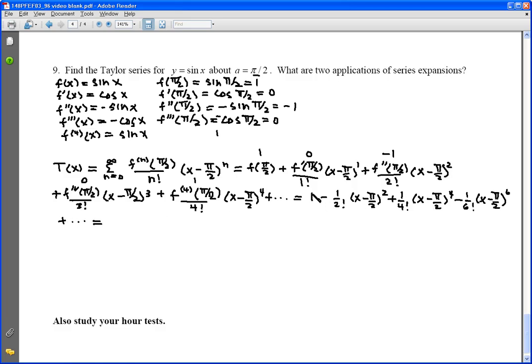Okay, so we got this 1, negative 1, 1, negative 1, and it's going up in even powers. And now we want to try and write that in summation notation. So this is going to be a sum, and I'm not going to use n. I'm going to use a different variable here.